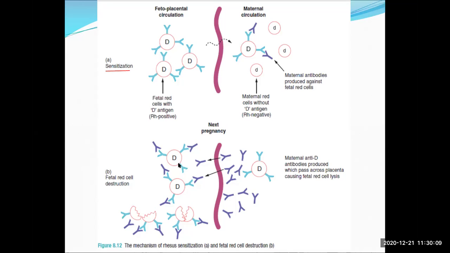They can damage or hemolyze the baby's RBCs, resulting in severe hemolysis. So this is known as Rh incompatibility disease, or hemolytic disease of the newborn. If I only talk about neonatal life, we use the term hemolytic disease of the newborn, which is caused by Rh incompatibility. But at the time of pregnancy, we talk about the Rh incompatibility condition.